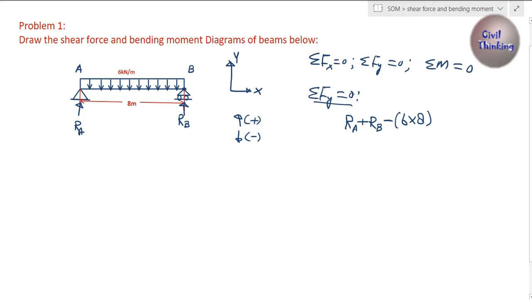Summation Fy equal to 0, so RA plus RB minus 6 times 8 is equal to 0. Simplifying, 6 multiplied by 8 is 48. Let's take 48 to this side, so RA plus RB equals 48. Let us call this equation 1.